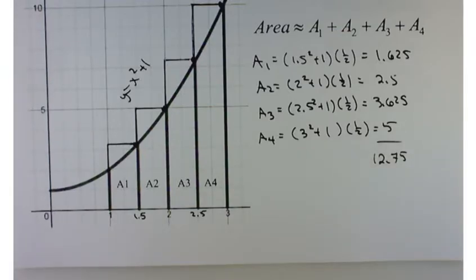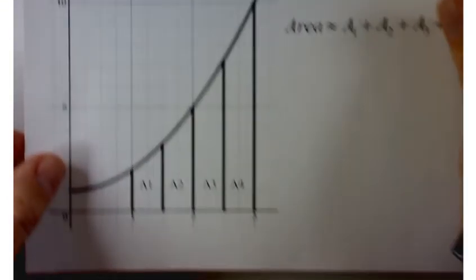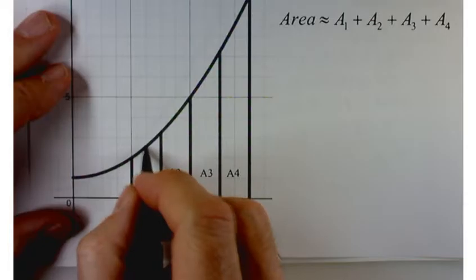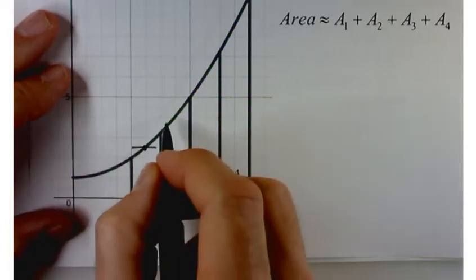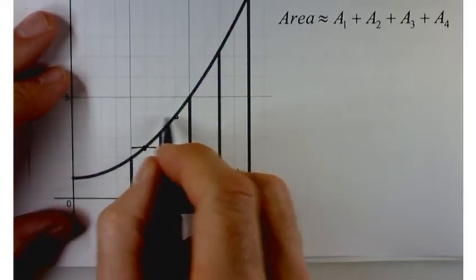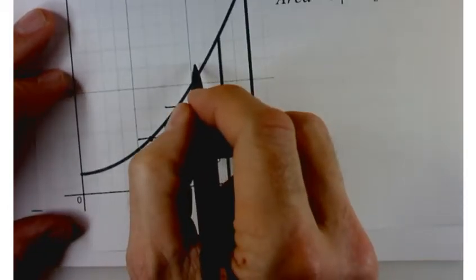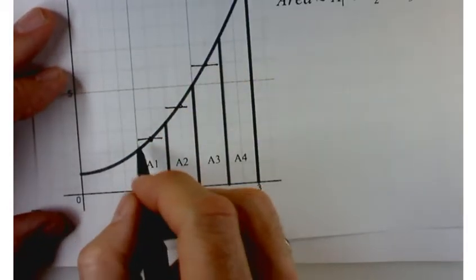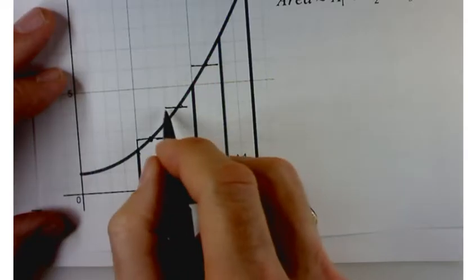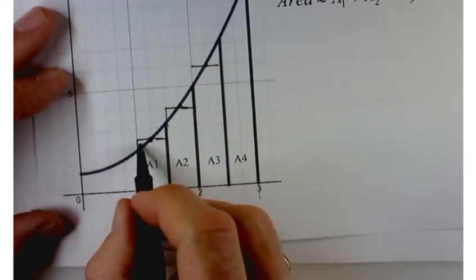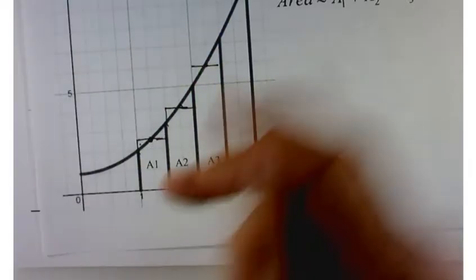Now, a few of you suggested that, well, maybe you should just use the midpoint here. The midpoint would actually do pretty good. And that'd be using the midpoint here in these intervals. Now, it's not a calculation I'm going to go through, but you could. The nice thing about using the midpoint is that although you would get an overestimate here, you get an underestimate here, they tend to cancel each other out.